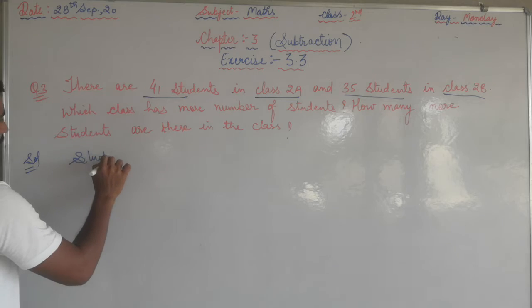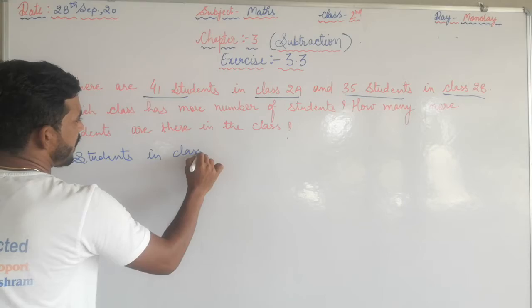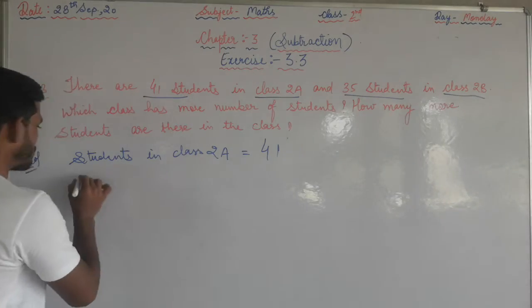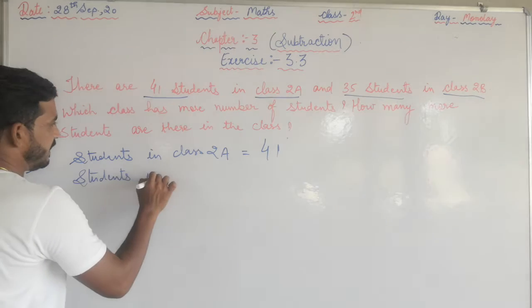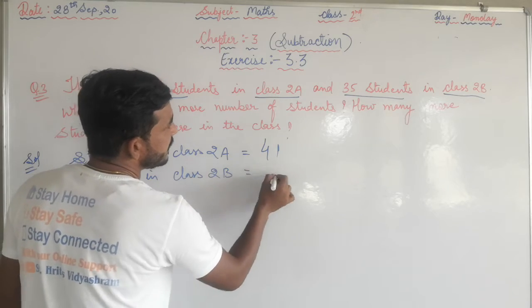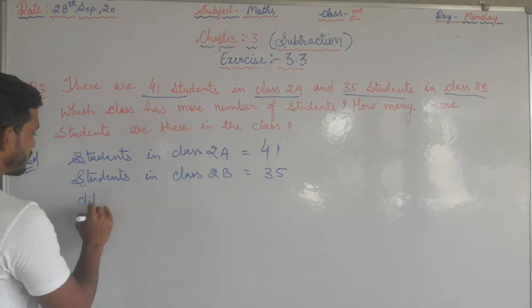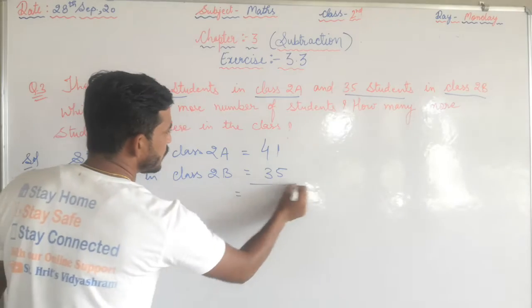Students in class 2nd A equals 41. Students in class 2nd B is 35. Difference equals, what you have to do?